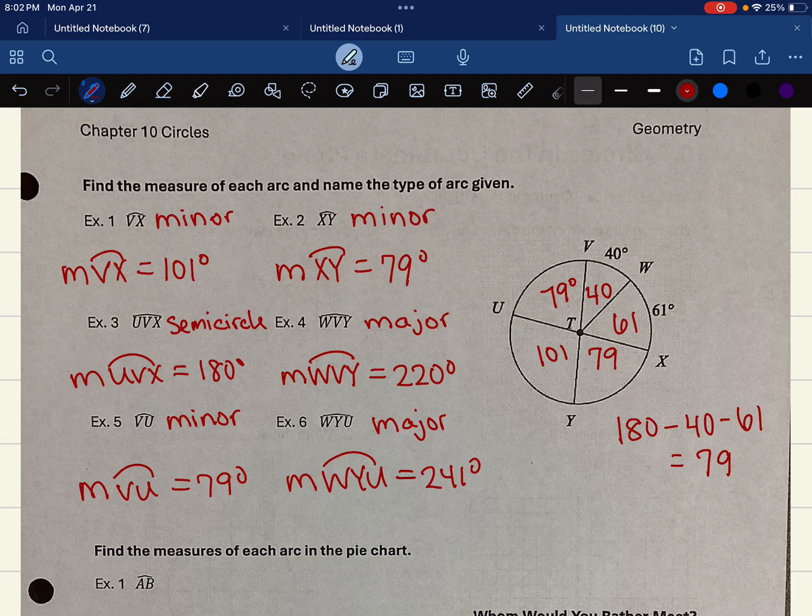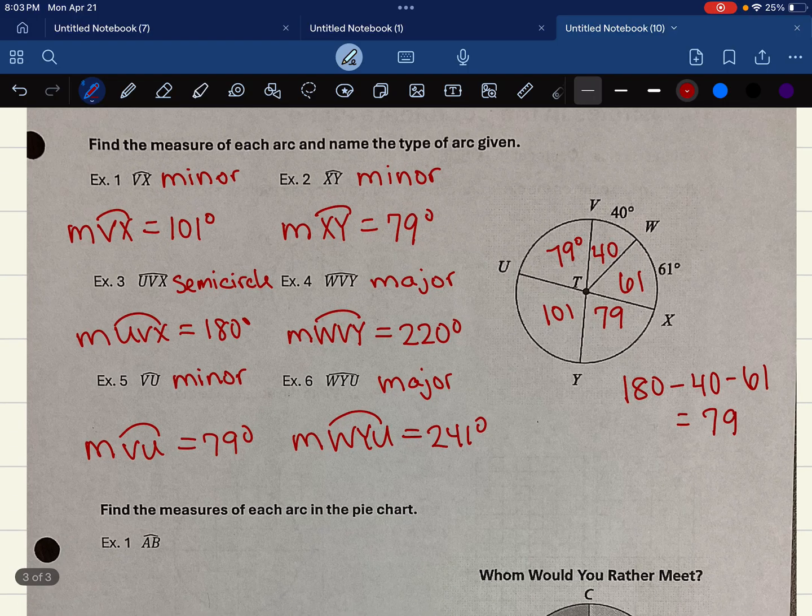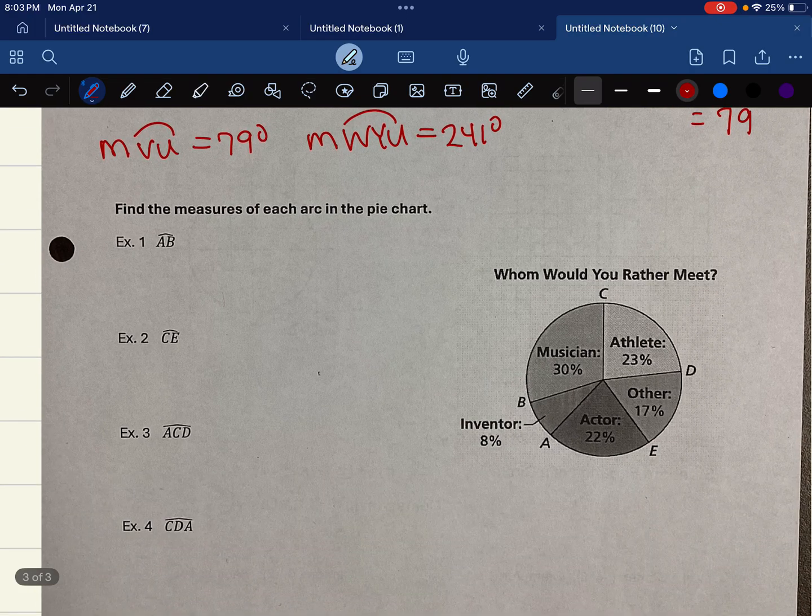Okay, so fairly straightforward on this, right? We're just really adding or subtracting with some of these degree measures. Okay? All right, last part. It says find the measure of each arc in the pie chart. Now, notice that everything in your pie chart has been given to you using a percentage.